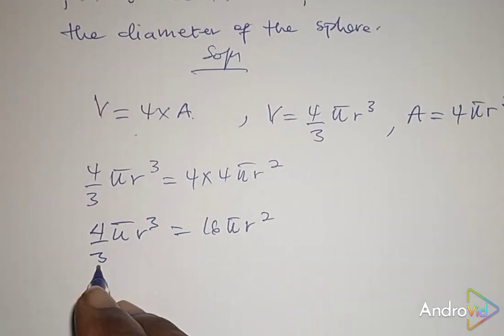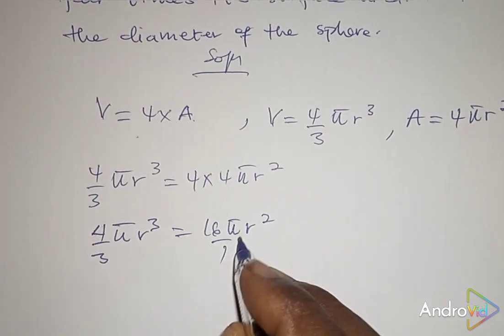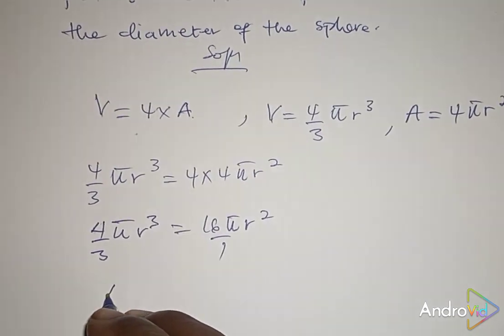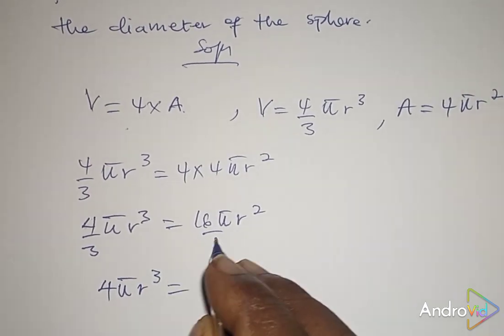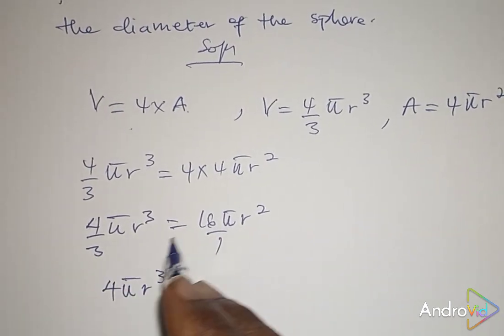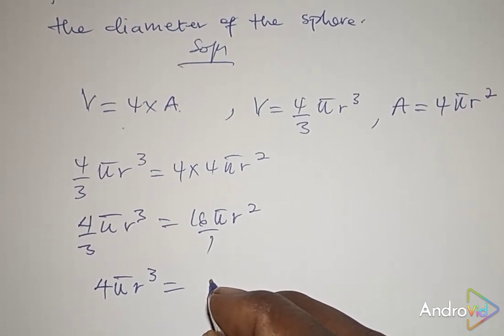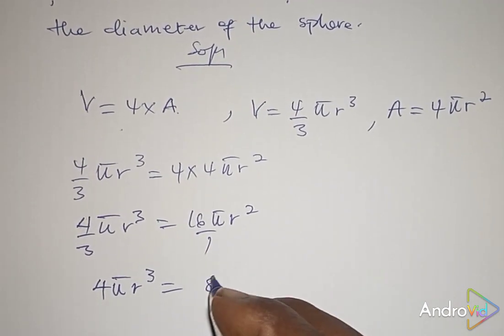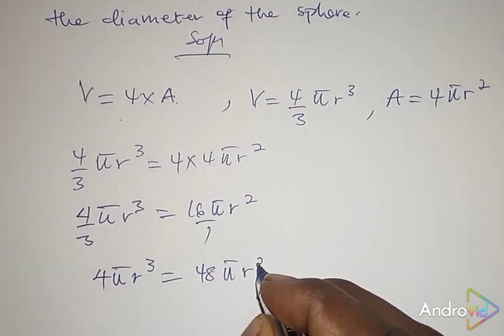From here too, we can do cross multiplication so that this 3 will come and multiply here. If you do that, we get 4 pi r cubed is equal to 3 times 16, which is 48, pi r squared.